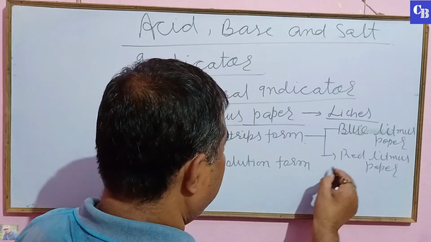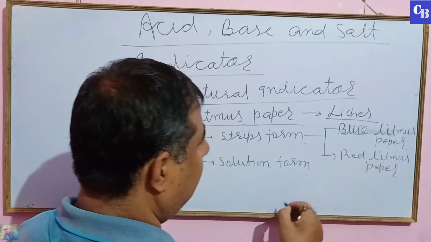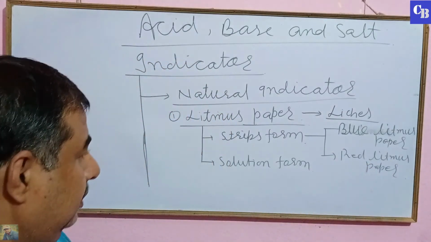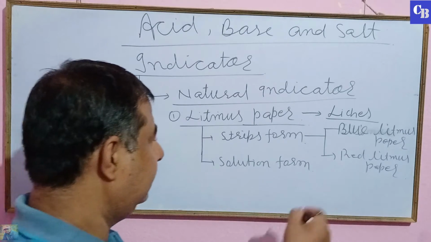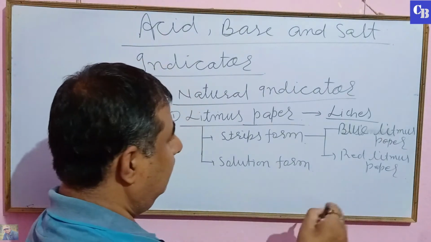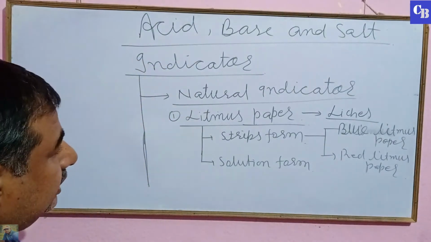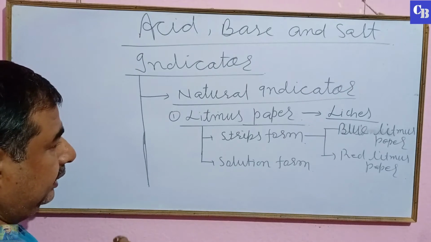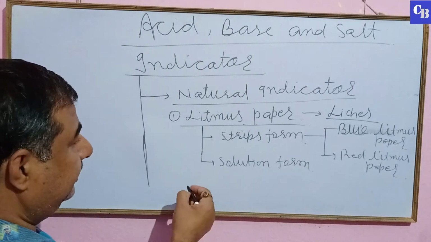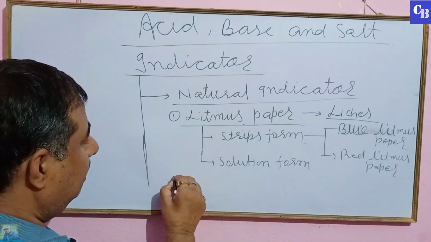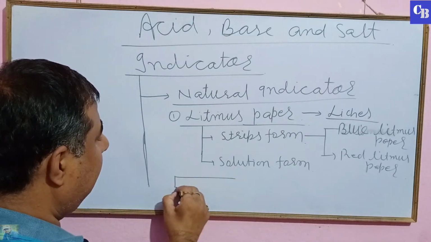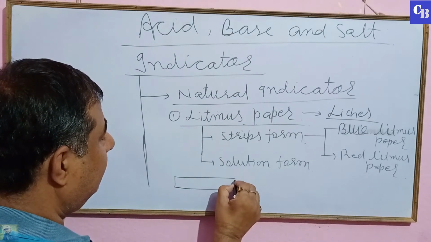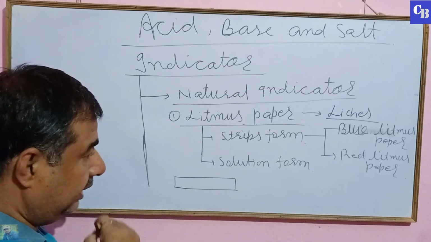In solution form, it is blue litmus solution and red litmus solution. And litmus paper indicates acid by changing its color.